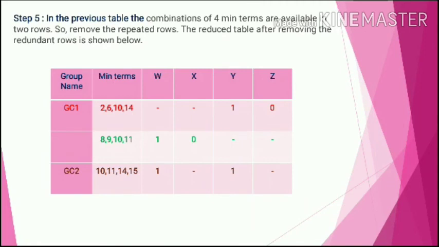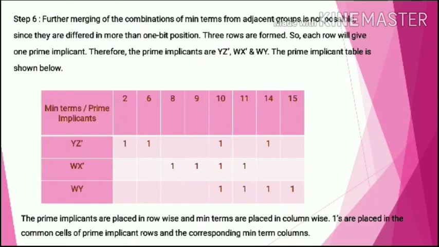Okay. Similarly, see the third row. The prime implicant is wy. So take those minterms 10, 11, 14, 15, and put 1 in those places. So in this way, the prime implicants are marked in the table.